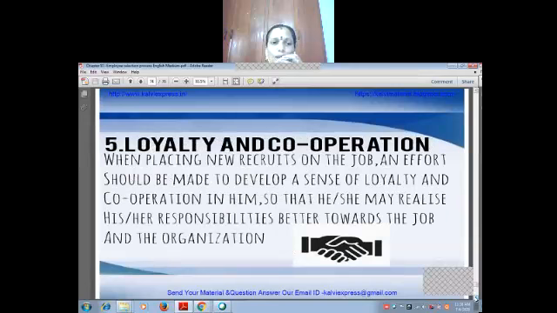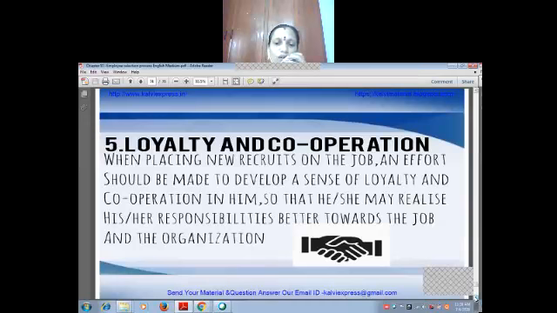Loyalty and cooperation. When placing new recruits on the job, an effort should be made to develop a sense of loyalty and cooperation in him so that he or she may realize his or her responsibilities better towards the job and the organization. So, loyalty in the sense, a good name for the company. You should not abuse the name of the company.